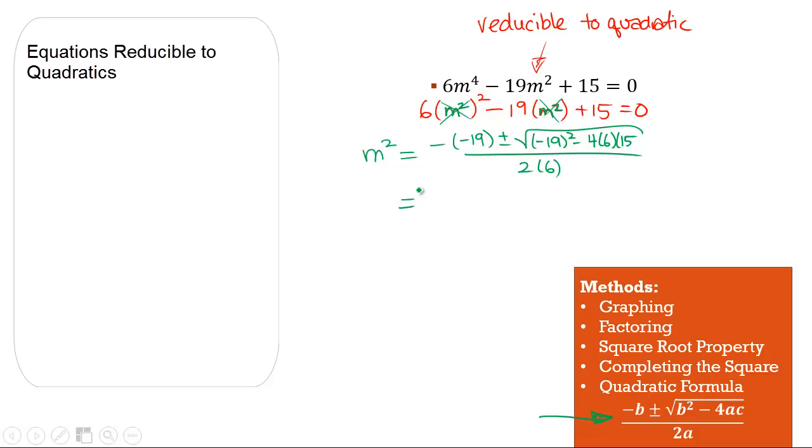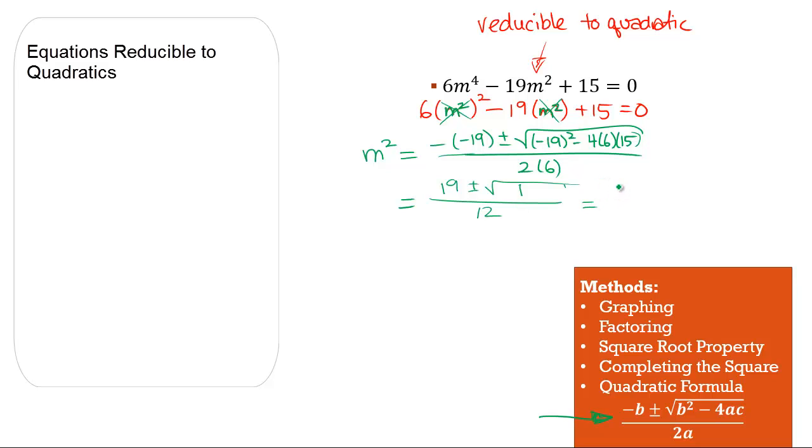So this is still m squared is equal to all this. So what is this? This is 19 plus or minus, and what's in the root? Well, let's take a look. We've got 19 squared minus 4 times 6 times 15, which is actually 1, over 12. So that gives us two answers.